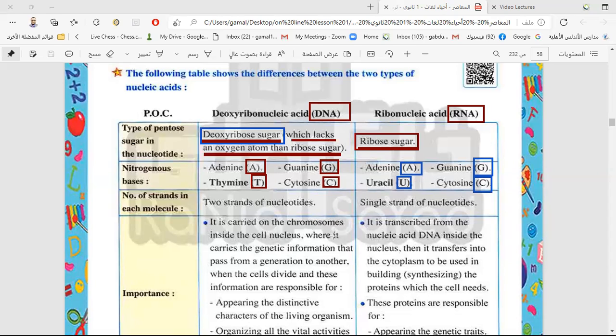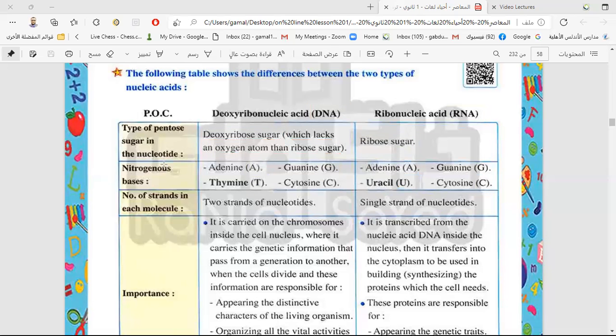This is the second difference, the type of nitrogenous bases. It is clear: thymine and uracil. This is a big difference. Thymine in DNA and uracil in what? In RNA. Let's move to another point.